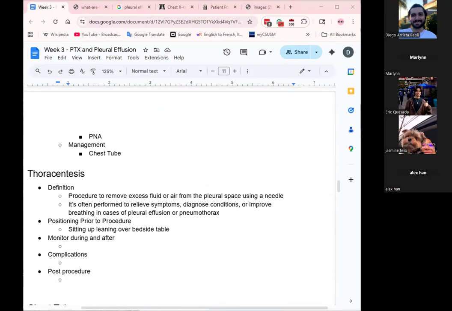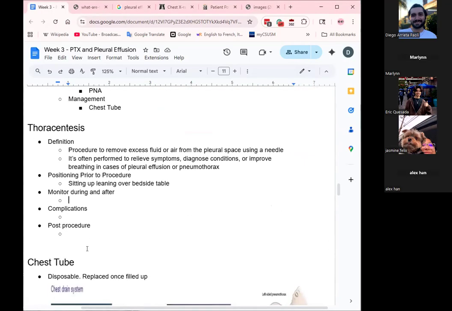Okay. What are some things you think you would be monitoring before and after? So, things that you're comparing and contrasting before and after the treatment, or during and after the treatment.